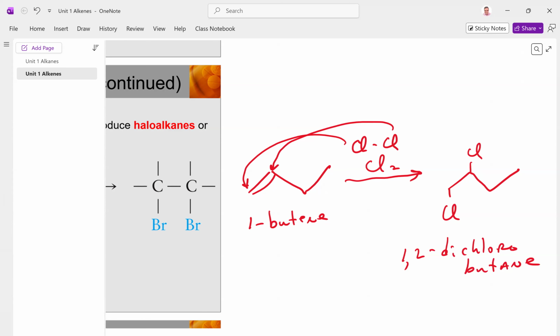Which is more stable? The butane or the butene? Butane. Products are always more stable unless we have entropy involved. Then that doesn't necessarily hold true. Like a cold pack, for example. The reaction goes, but it gets cold.